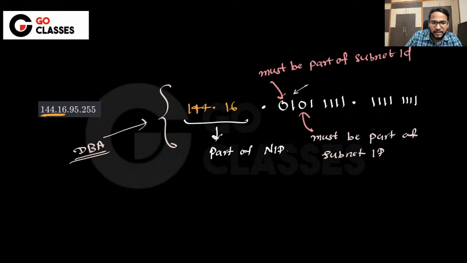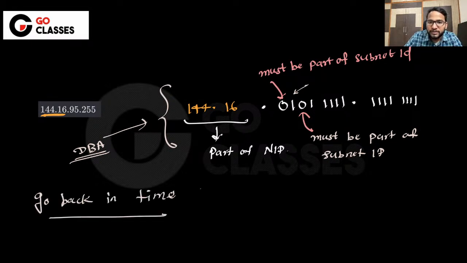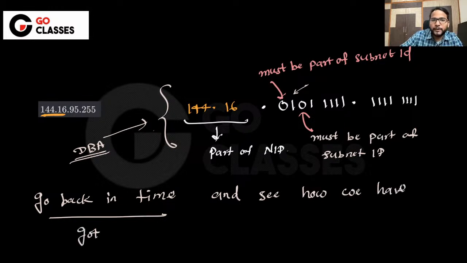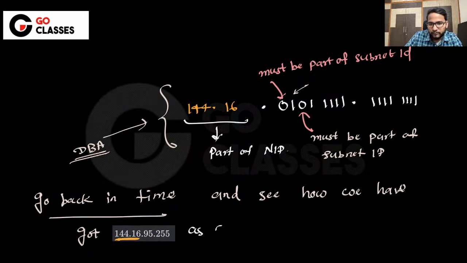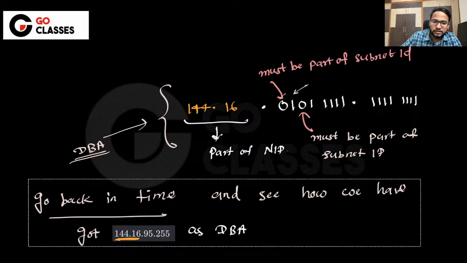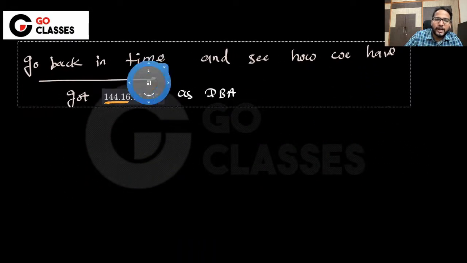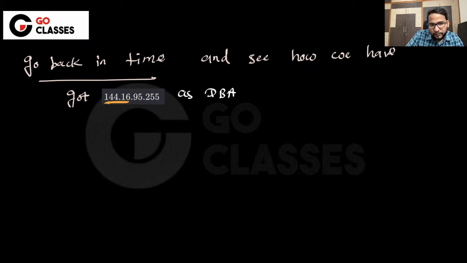So let's go back in time and see how we arrived at this particular directed broadcast address. Which means I must have taken some IP address, maybe something like this, I don't know basically.